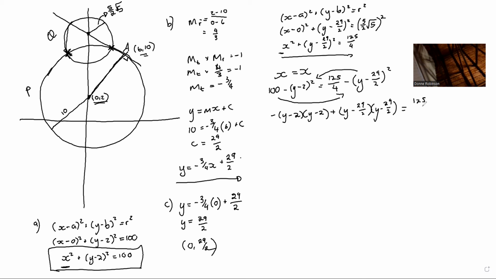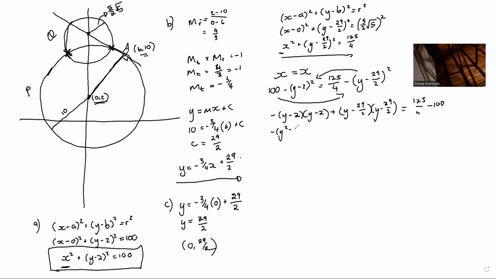125 over 4 minus 100. We can then simplify this part. And that means that we're going to have y squared. Okay. Let's put the negative there first.